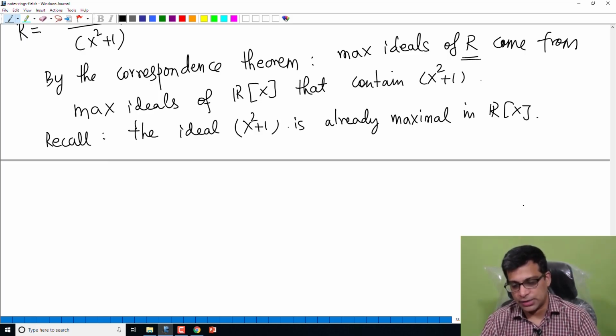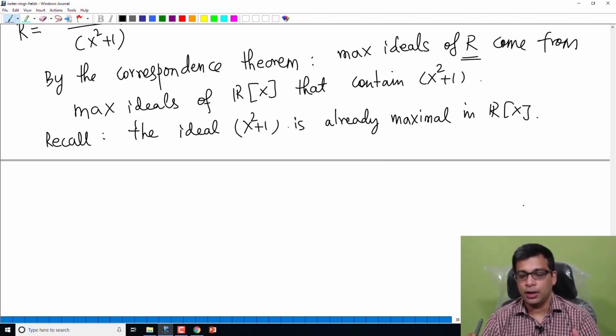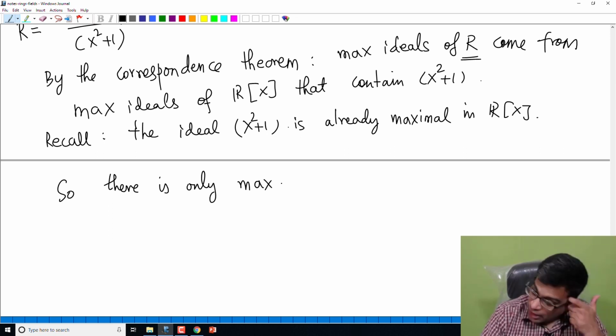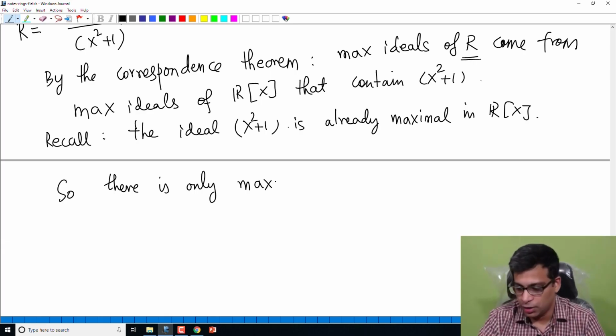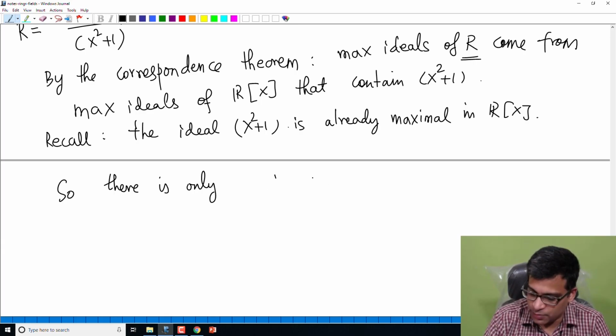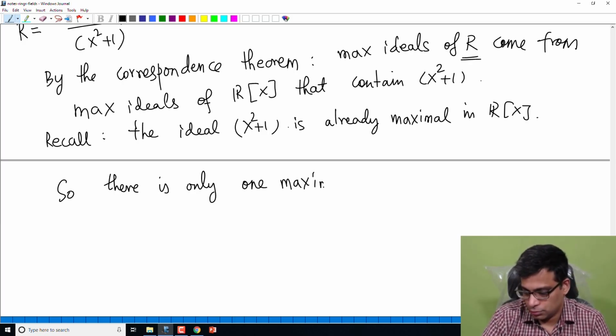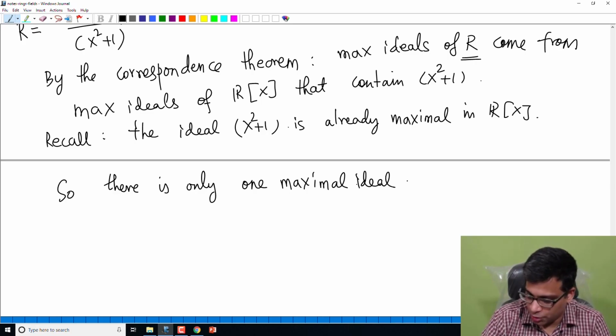In fact, there are two ideals that contain x squared plus 1. One is x squared plus 1, the other is R[x], the unit ideal. But there is exactly one ideal which is maximal and which contains x squared plus 1, which I used to conclude that there is only one maximal ideal in the quotient ring.